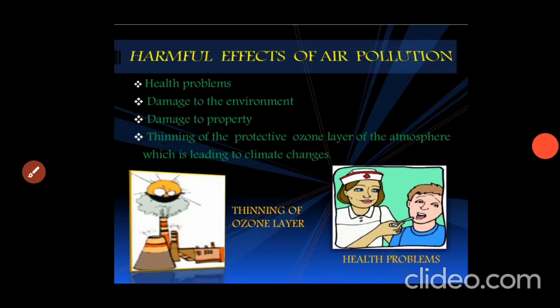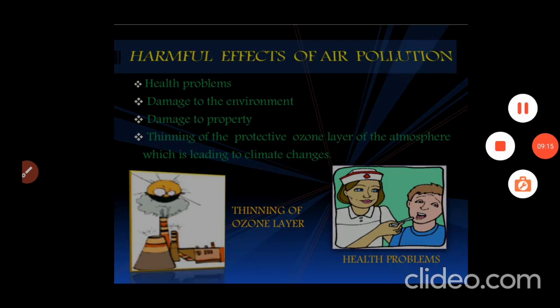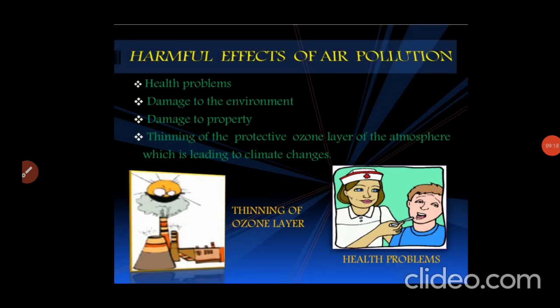Next, coming to the harmful effects of air pollution. What happens to living organisms after air pollution? Already told you, because of air pollution, some very serious global environmental problems take place on the earth.